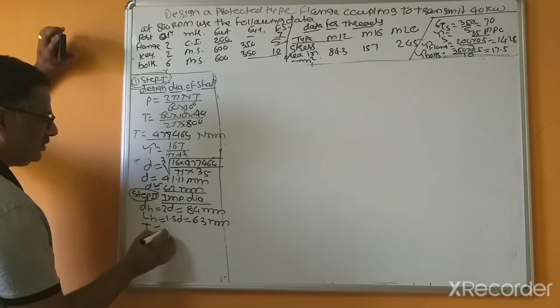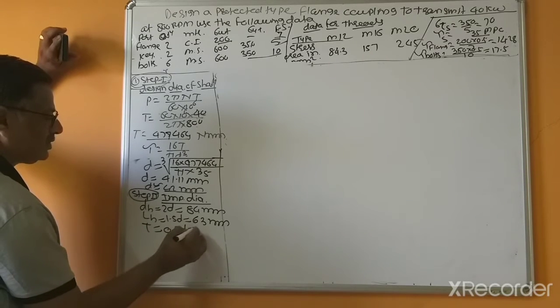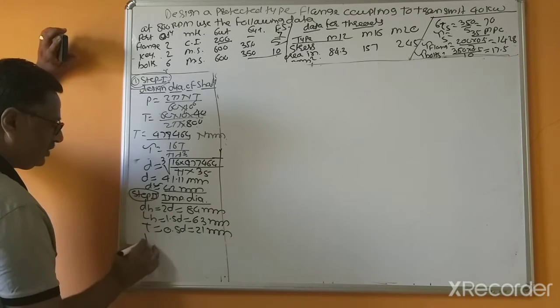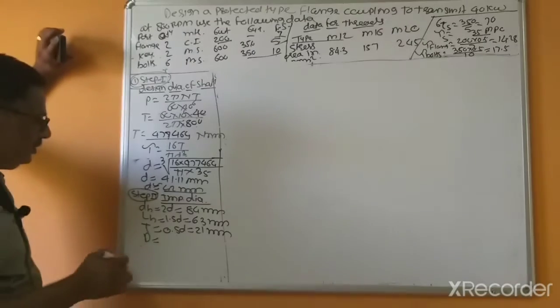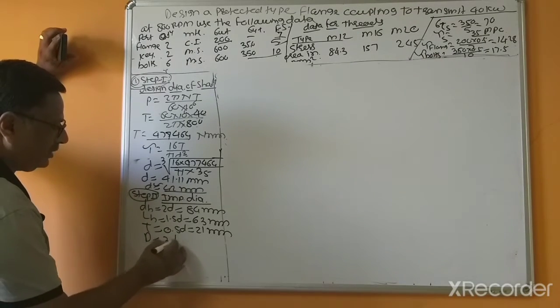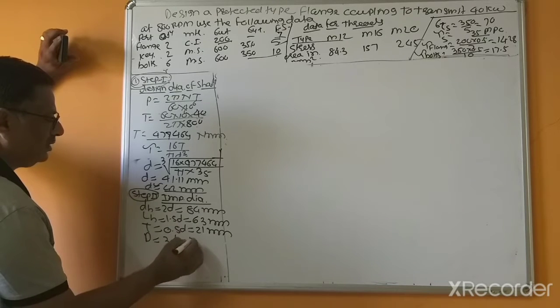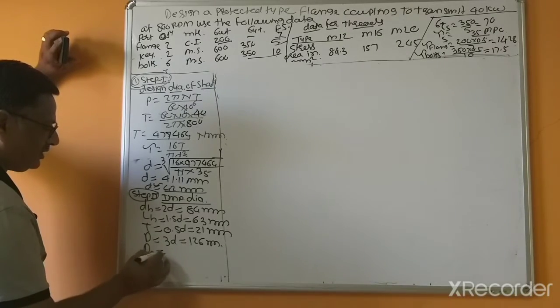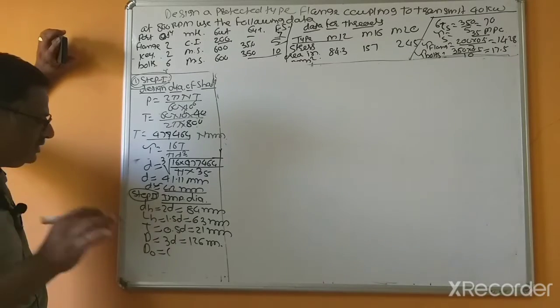Thickness, this is also important, 0.5 D, this is 21 mm. Next important dimension, capital D equal to 3D, and this is 42, means 126 mm. Right? Now outer diameter, because this is the protected type of flange coupling, only this much is the difference.